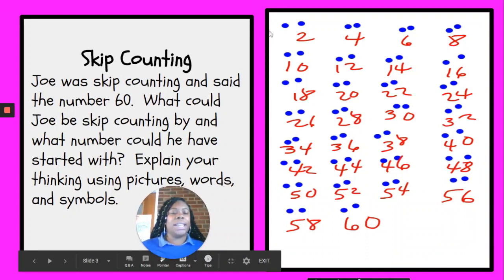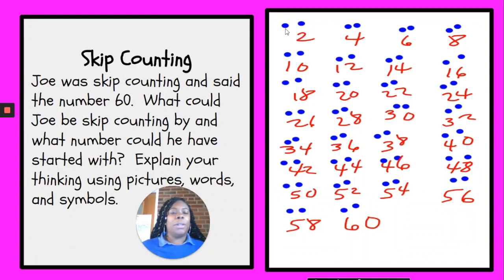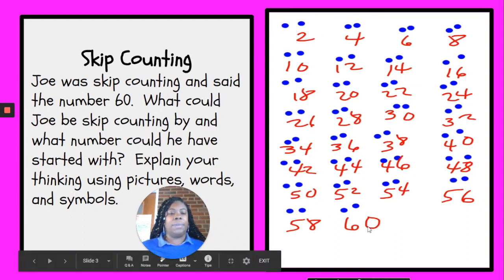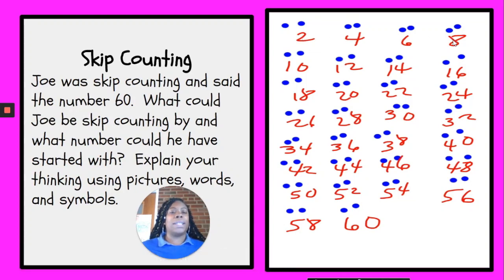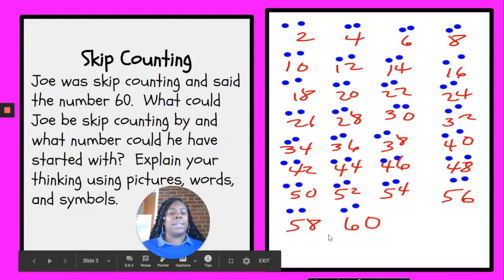And you can see that I did groups, equal groups of 2, all the way to 60. Now, the thing about doing this was I was able to put a number under each group so I can see how close I was to 60 as I drew my picture.